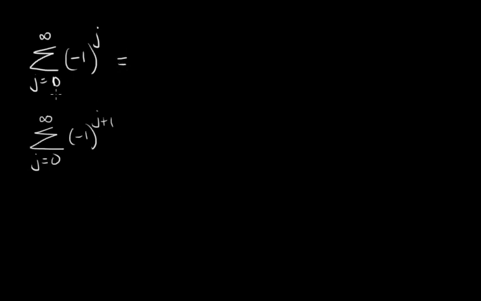So let's look at each of these. This one, we're starting j at 0, so -1 to the 0 is 1, and then you'll have an odd power of -1, an even power, an odd power, an even power, and so on. And we get that series.